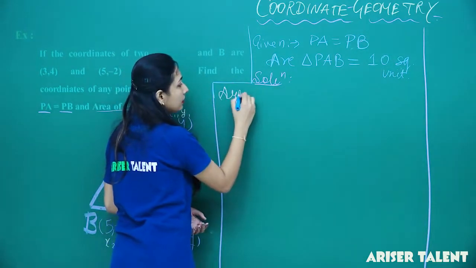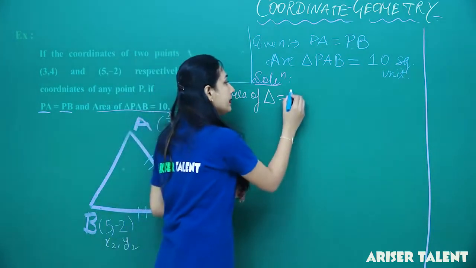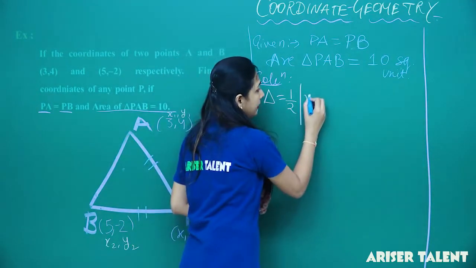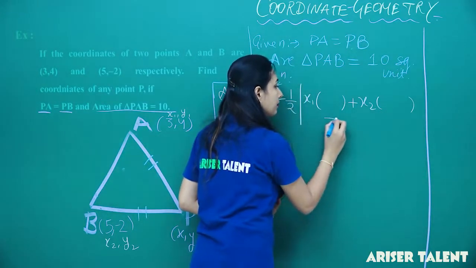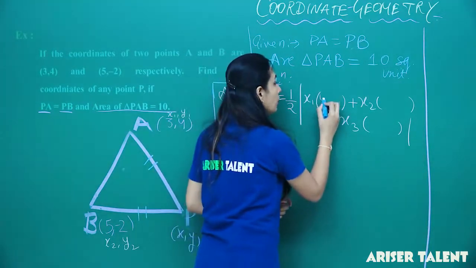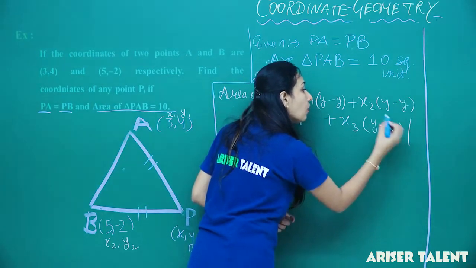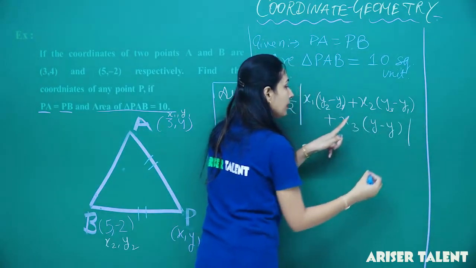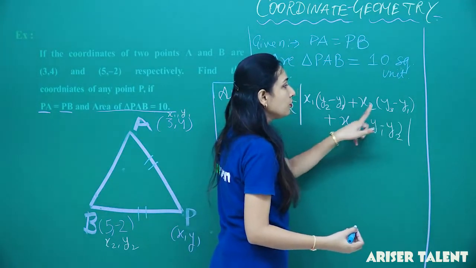Area of triangle, what we have studied is 1/2 mod of x1 bracket plus x2 bracket plus x3 bracket, and in the brackets there were y's all over. Now this is 1, 2 and 3; 2, 3 and 1; 3, 1 and 2. So 1, 2, 3, 1, 2, 3 and 1, 2, 3.